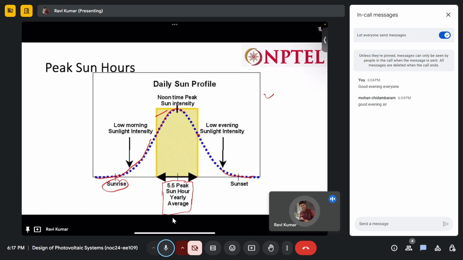So this is the known peak time at which our system will work. We are assuming that our system will work for 5.5 hours of sunlight in a day.